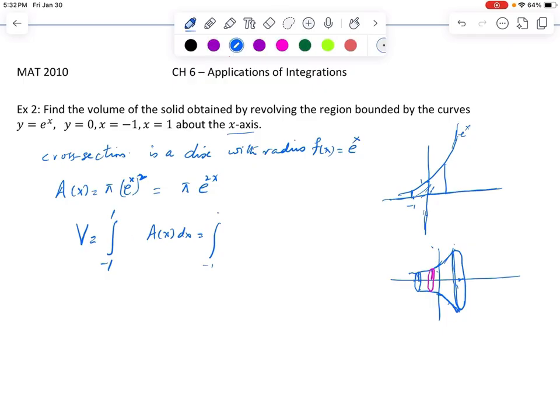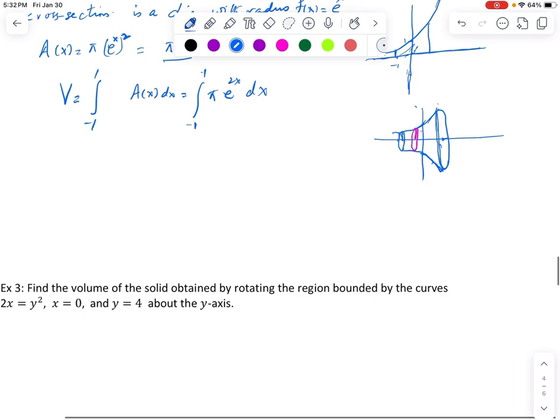But A of x is this, so we get the integral from -1 to 1 of pi times e to the 2x dx. You can pull the pi out.